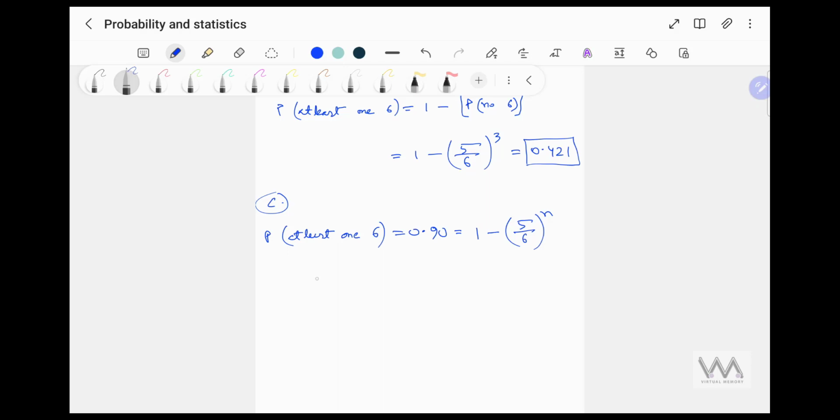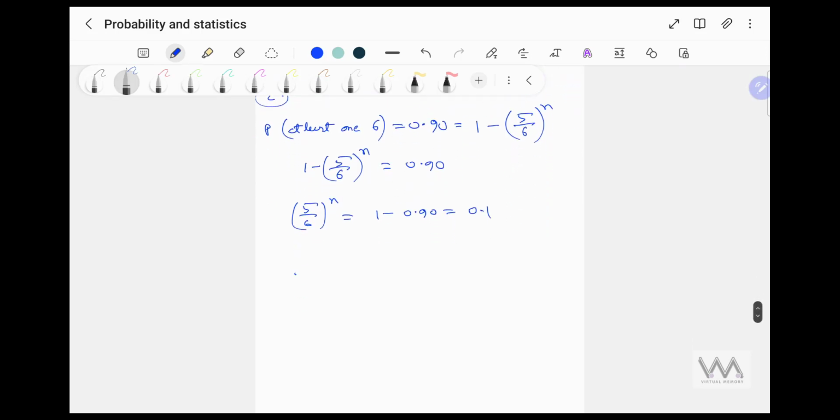Let's rewrite this: 1 minus 5 over 6 to the power n equals 0.90. 5 over 6 to the power n equals 1 minus 0.90, which is 0.1. We can take log of both sides, equal log of 0.1.